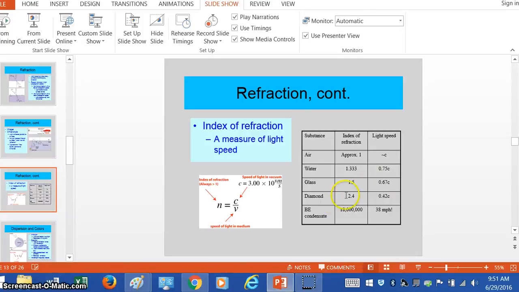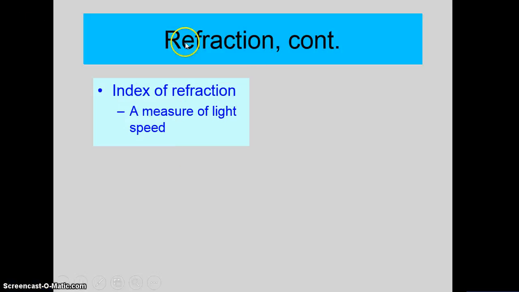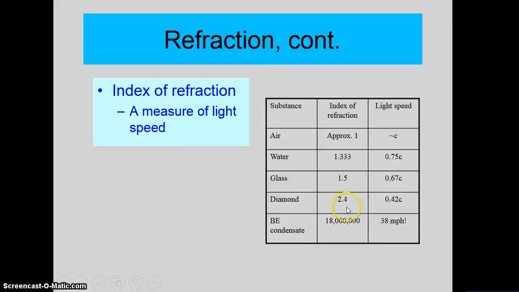So I was talking about diamonds just a little bit ago. The fact that it has such a high index of refraction means that when light encounters a diamond, it'll take longer to bounce around in the diamond, and basically that gives the diamond what's called a luster.